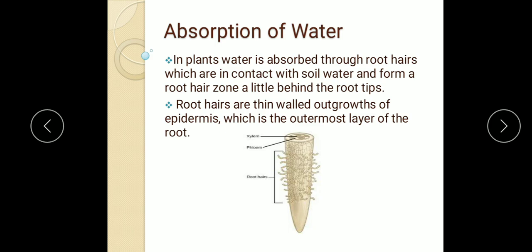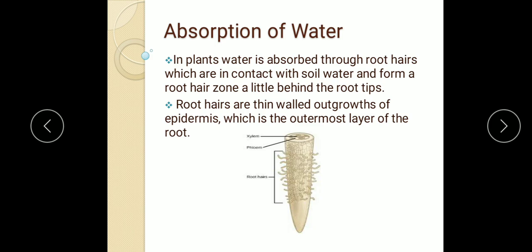Now we'll come to the process of absorption of water and minerals. First we will discuss absorption of water, because we have studied the tissues, how they help, and what their different parts are in the tissues and cells.